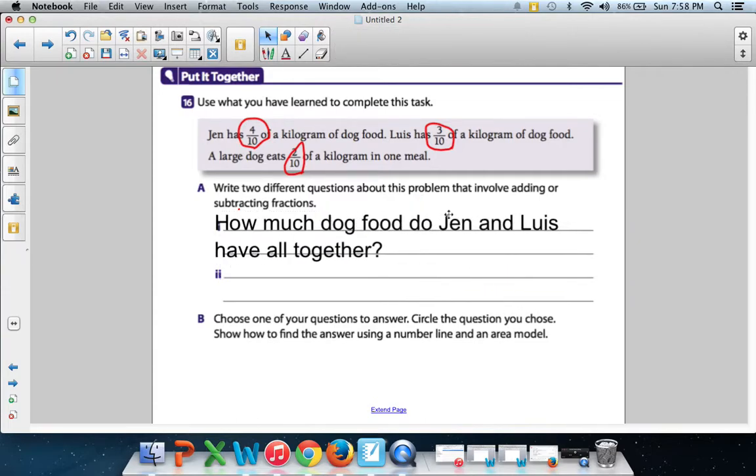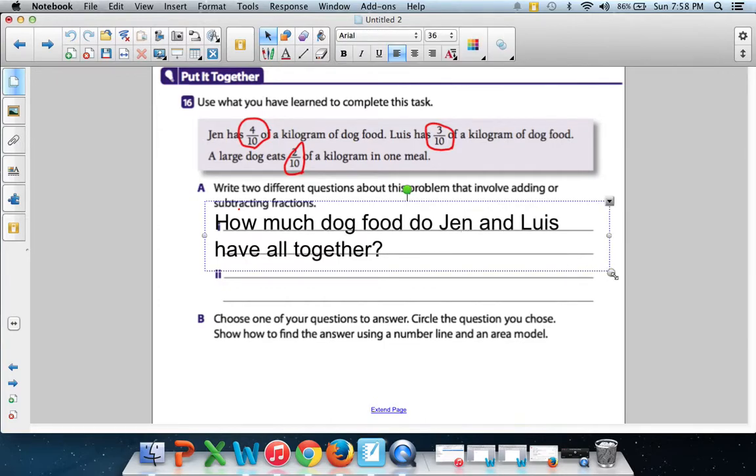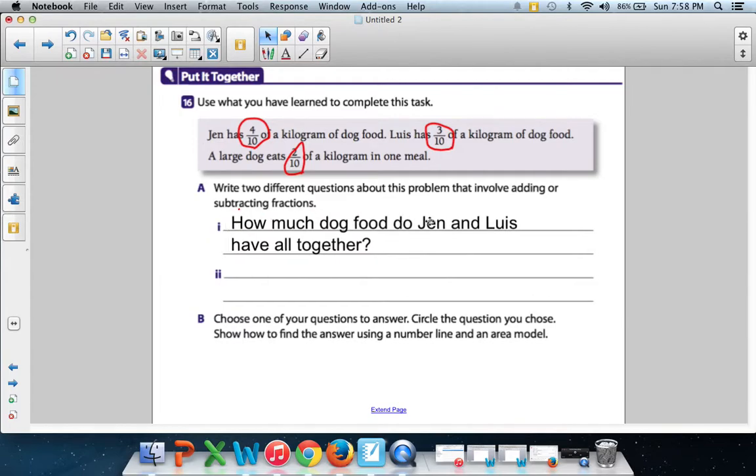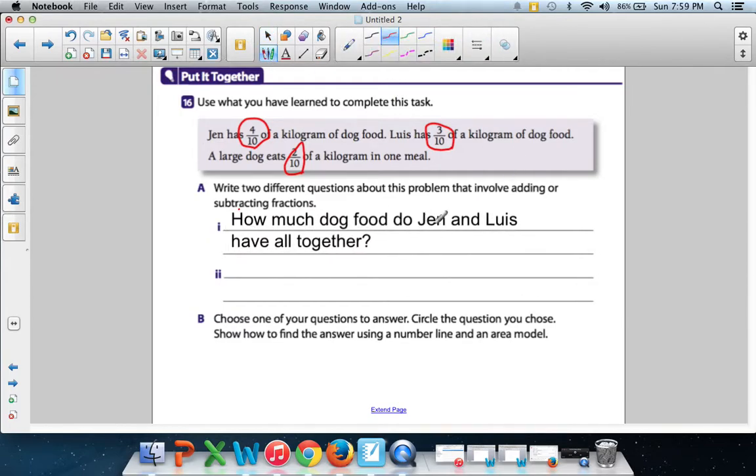And that's the question. And we'll put right next to that what's the math part? Like what's the actual math in that question? Well, that's easy. It's 4/10 plus 3/10. And then that's the addition problem.